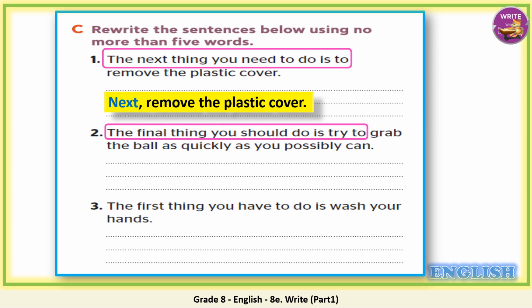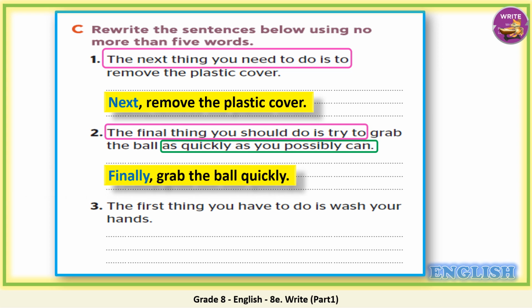Okay, very good. We can delete this part. The final thing you should do is try to. So, can you think of just one word to replace this part? And also, we need to replace this part with just 1 or 2 words: as quickly as you possibly can. So how can we do this?